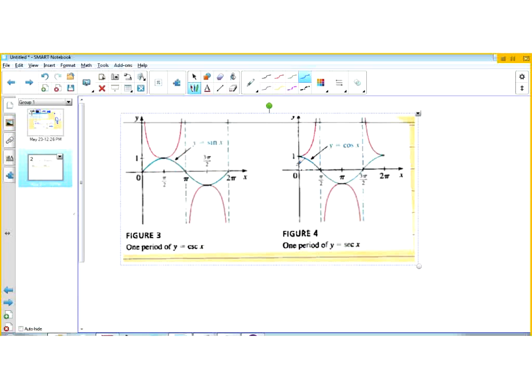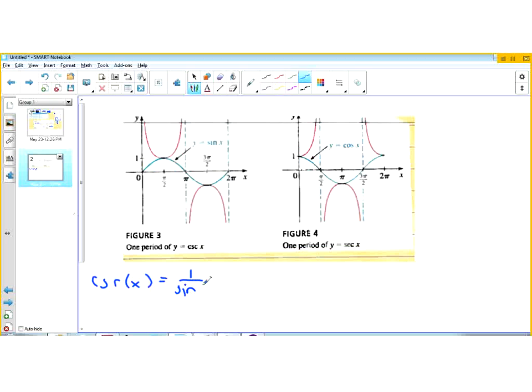cosecant and secant functions. All right, so the first graph is one period of the cosecant function, and you may recall the definition of the cosecant function is equal to 1 over sine x, the reciprocal of the sine function.